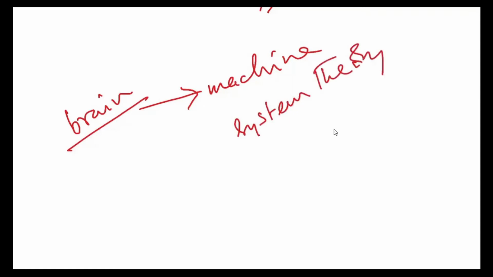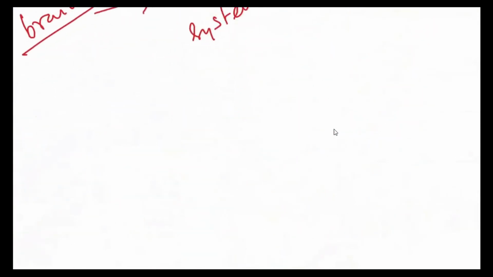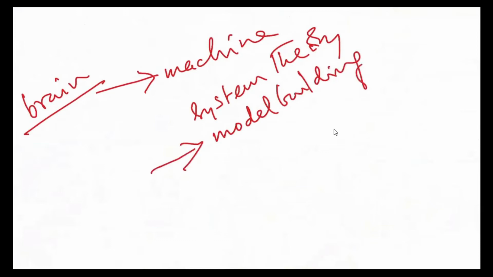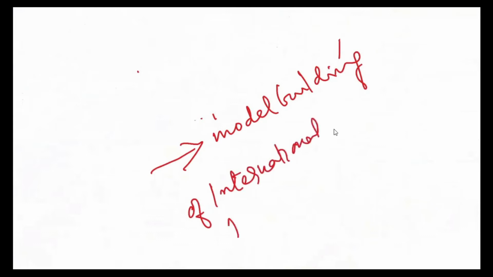So to Kaplan, system theory is nothing but model building. You build models of international politics.